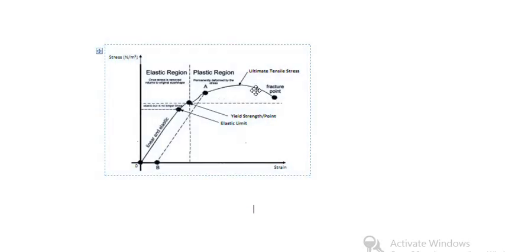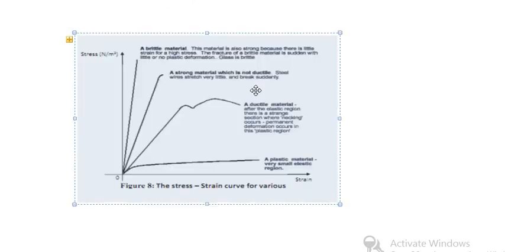So let us move to the last section of this. In this case, we're going to see some features of different materials and their stress-strain diagrams, because each material exhibits its own properties while undergoing loading, with its corresponding stress and strain recorded.